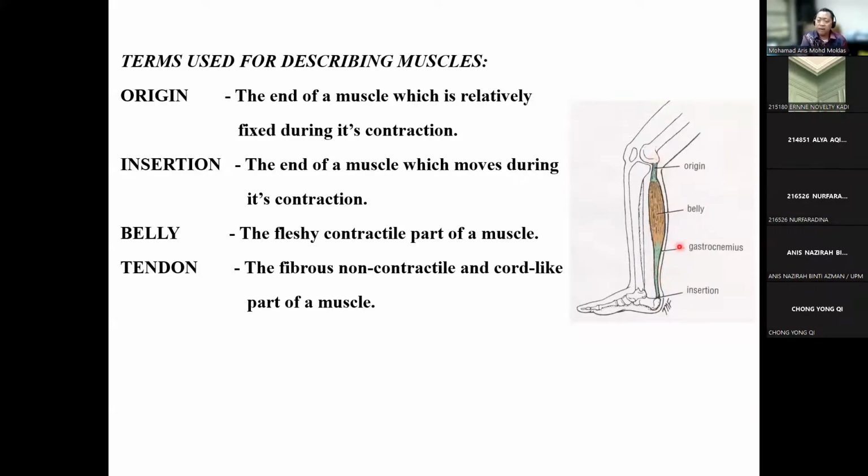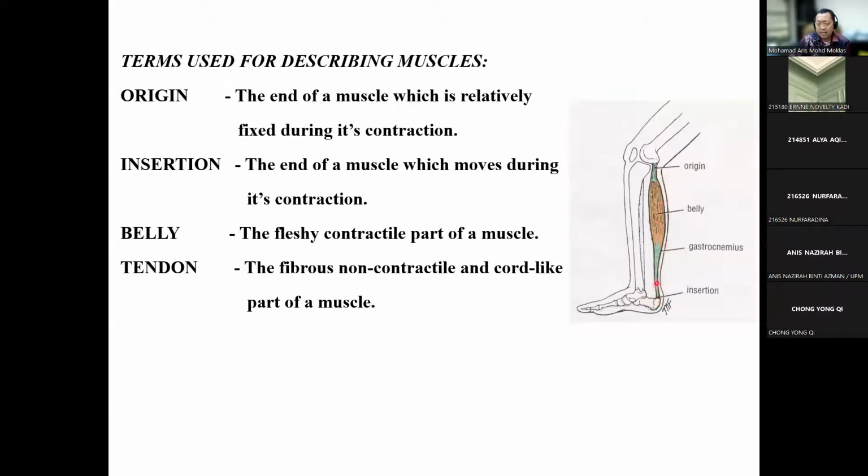But for this lecture, for each muscle, you're not supposed to remember what the origin is and what the insertion is. But at least you should be able to understand when someone says the origin of the muscle or insertion of the muscle. Normally the origin is a fixed part during contraction, but the insertion normally is the moving part when the muscle contracts.